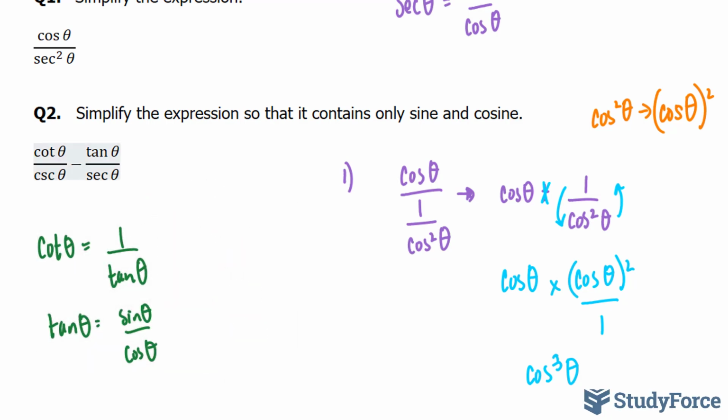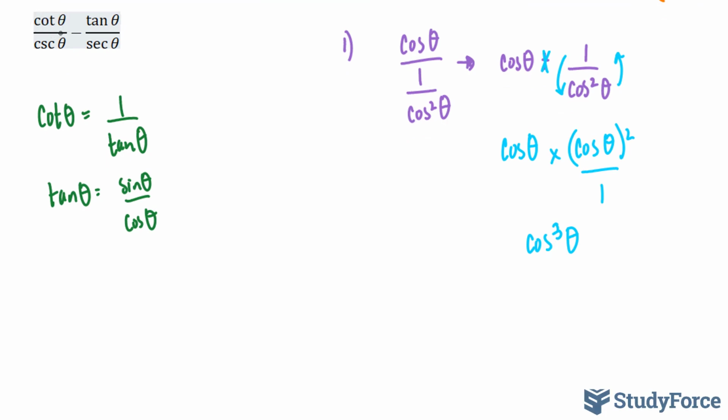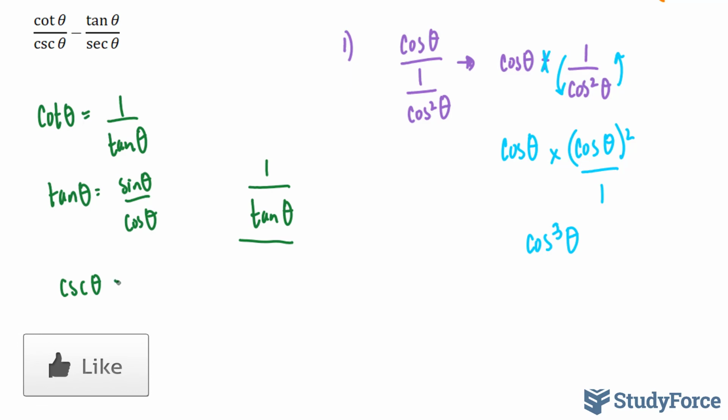So what I'll do is replace cotangent theta, the term that's in the numerator, with 1 over tangent theta, and the denominator cosecant theta is actually the reciprocal function of sine theta.